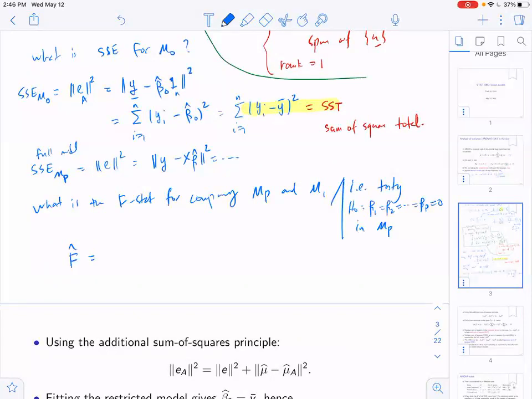So what is the test statistic for this? What is the numerator? What is the denominator?